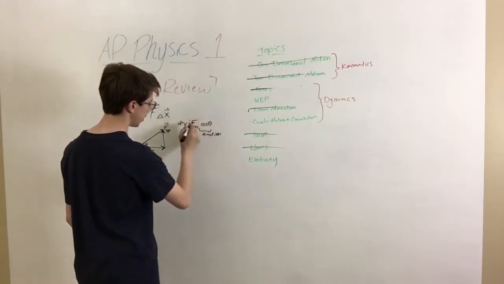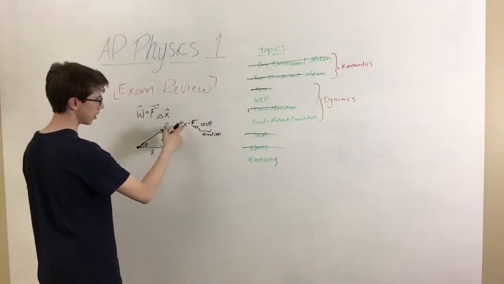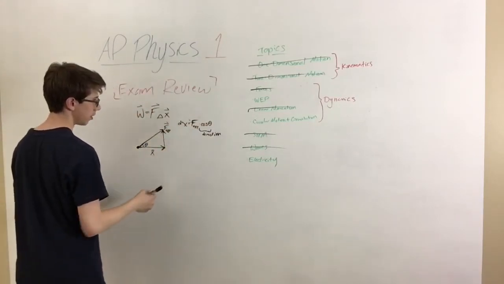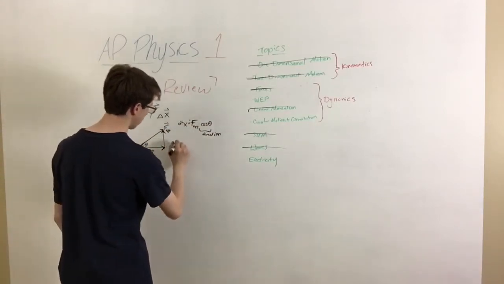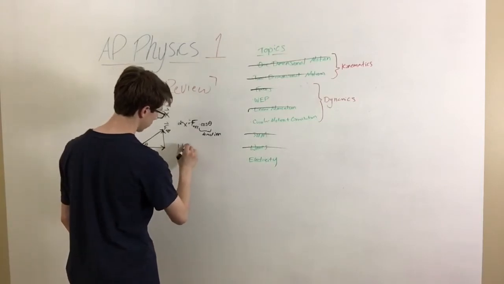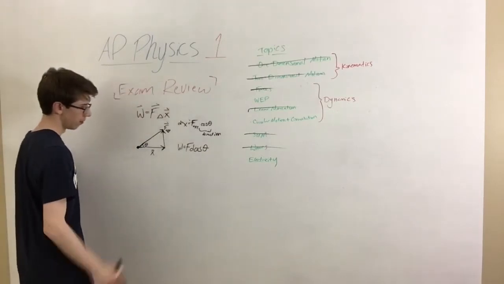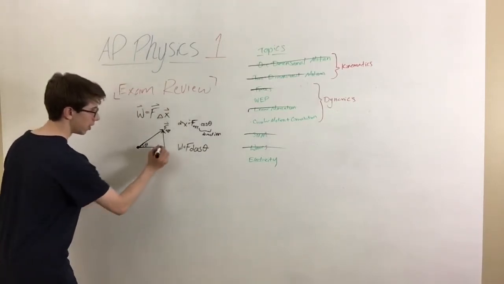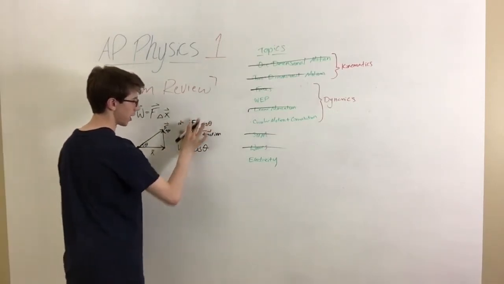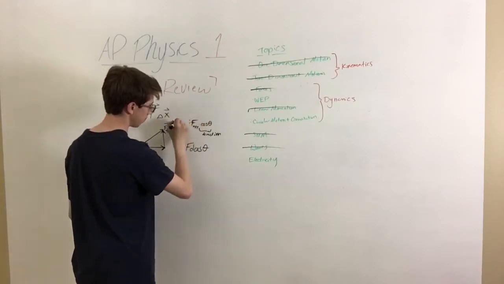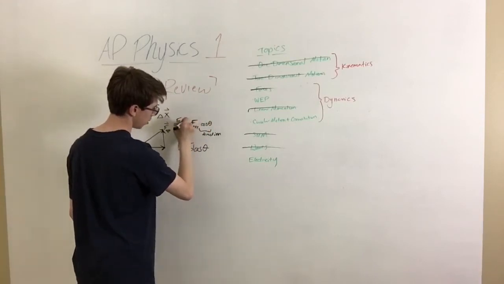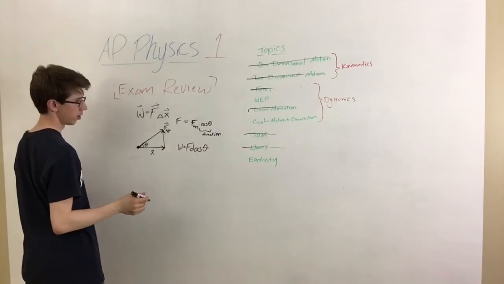So in other words, we could say that since d is equal to x, which is equal to this, right? We could just say, all right, that means that work is equal to the force times the distance times cosine theta. Because this is the force that we want right here. Well, this isn't really x, this is F, which is like this.